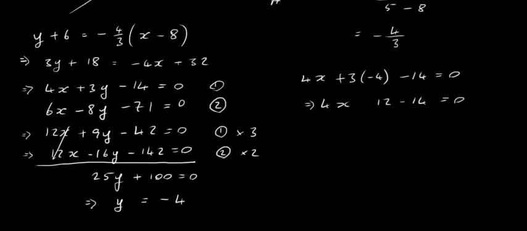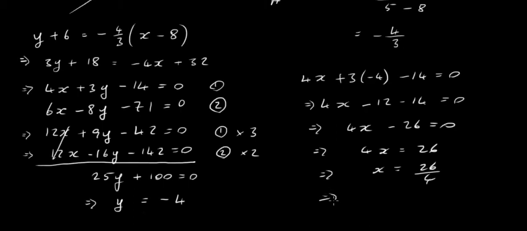Okay, so let's see, we have minus 12, is that correct? Minus 12 minus 14. Okay, so here we end up with 4x minus 14, 24, 26 equal to 0, so we end up with 4x equal to 26, so that gives me x is equal to 26 over 4, or just x is equal to 13 over 2.